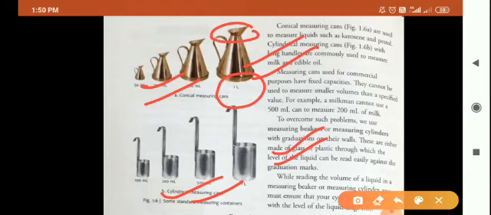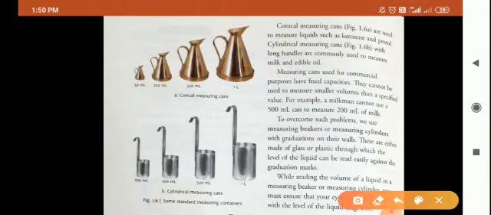Now, further in labs or while doing practicals, there also we use a few measuring cans, and they are basically your measuring beakers or measuring cylinders. For practical purposes like in schools, colleges or in laboratories, which type of measuring cans do we use? We use mainly either measuring beakers or measuring cylinders.